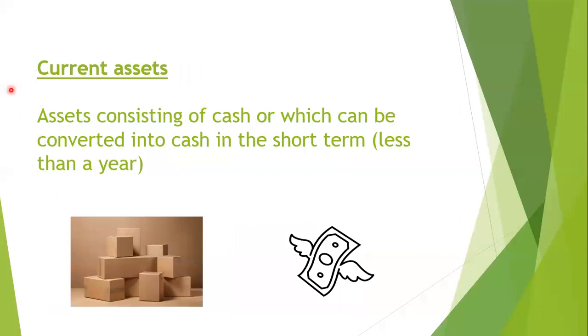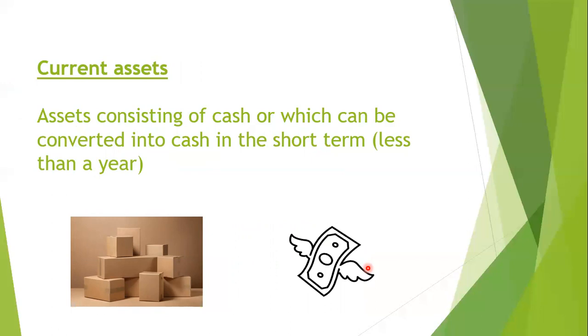The current assets consist of the cash, which can be items which can be converted into cash in the short term, less than a year. So your things like the stock that you have in your business, so that is easily convertible to cash within less than a year.